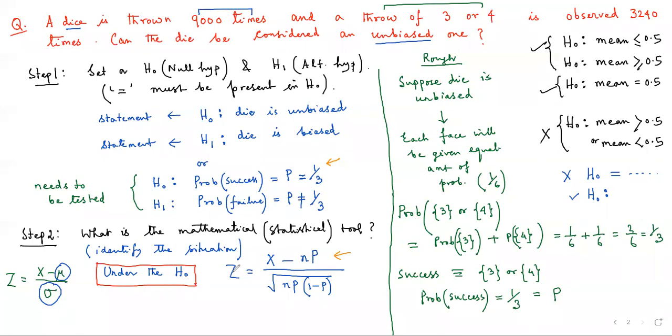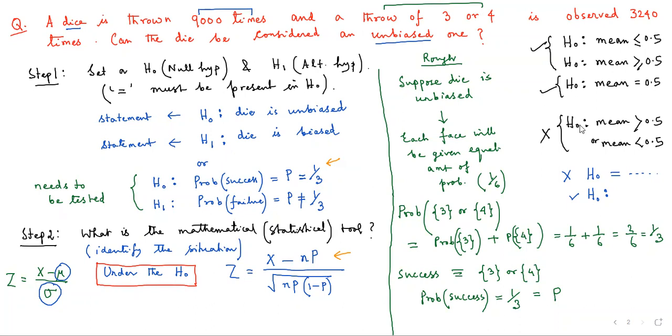Since the statistical tool is based upon the null hypothesis, not the alternative hypothesis, if you do not include P equals to 1/3 in the null hypothesis, you will not be able to substitute the value into the formula. So the appearance of the equality sign in the null hypothesis and the formula are interconnected, and therefore I said the null hypothesis must contain the equality sign.